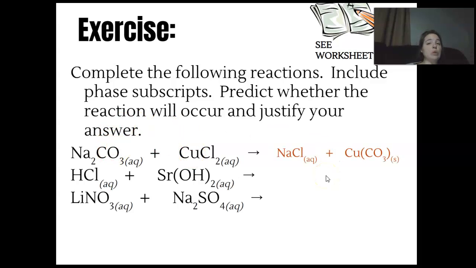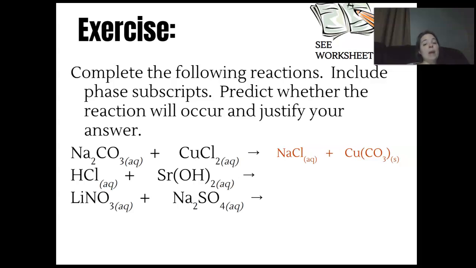Now I'm also going to look to see the charges. Sodium's a +1, chlorine's a -1. Yay, no charges have to be added. Copper 2 has a +2 charge, carbonate is a -2, yay, they're good. So I don't have to put those down.